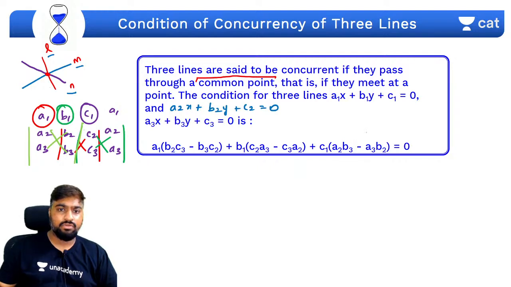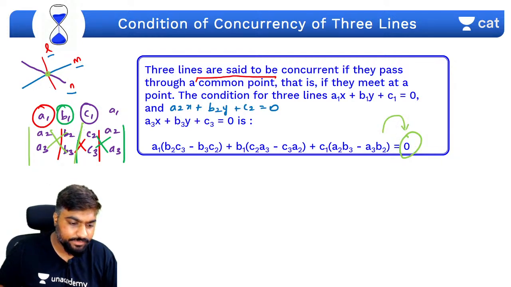If this particular determinant is equal to 0, then you would understand that all 3 lines meet at a single point. If it is not equal to 0, then they are not concurrent. Understood?